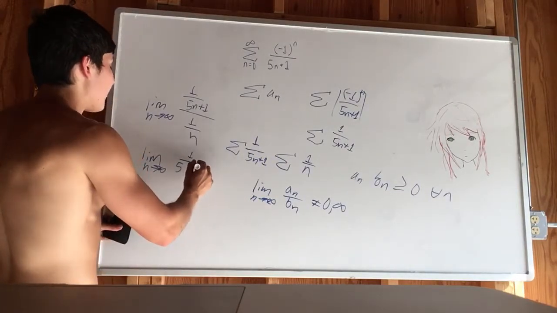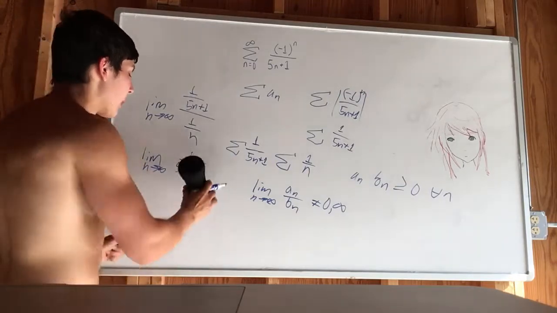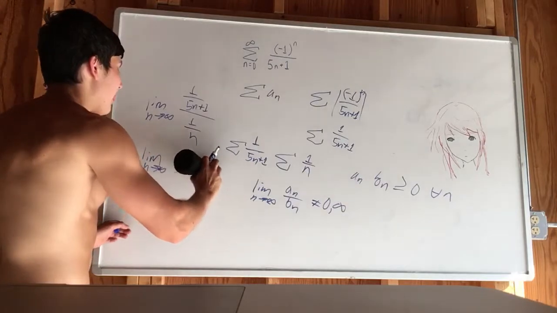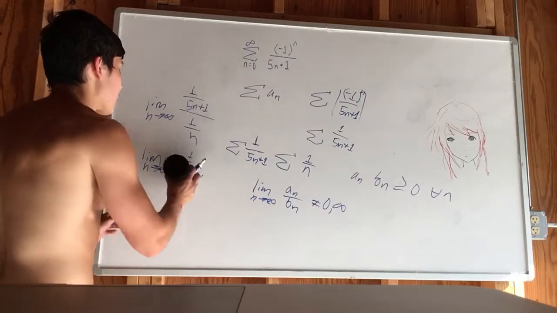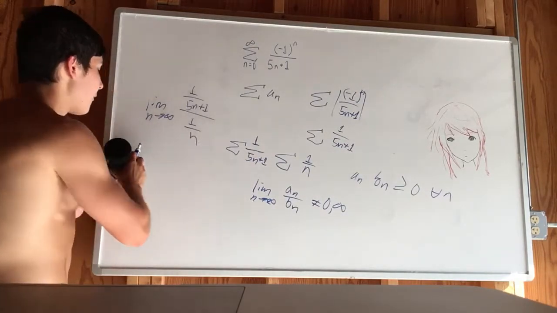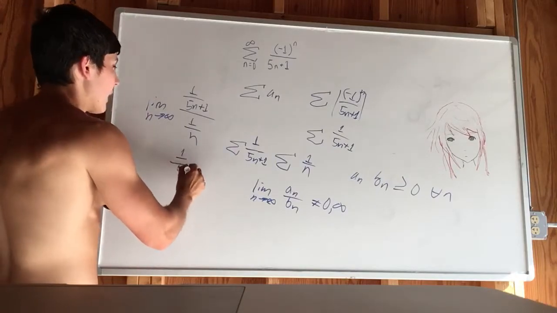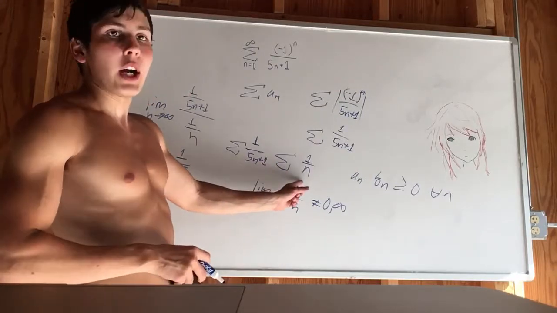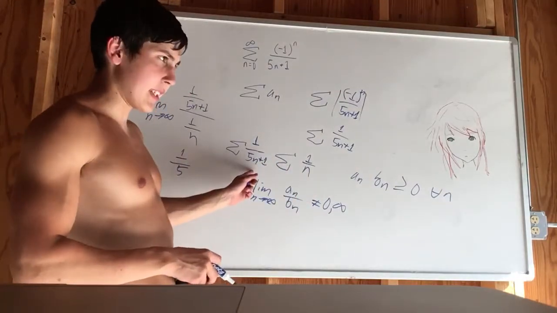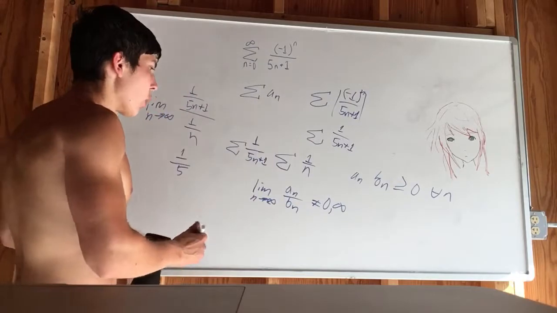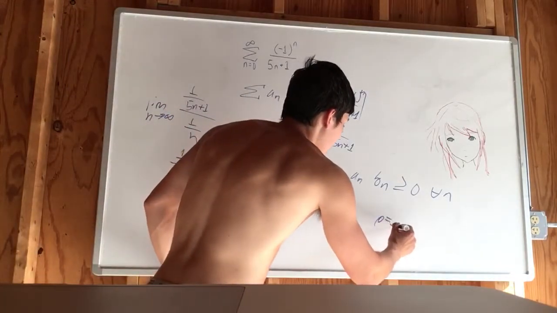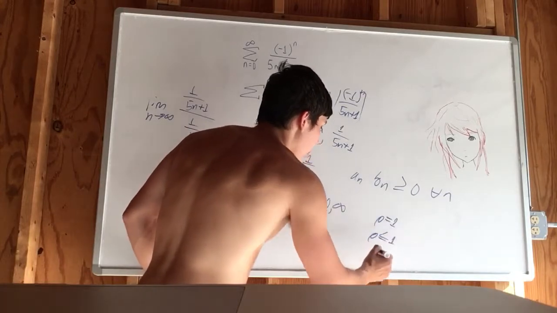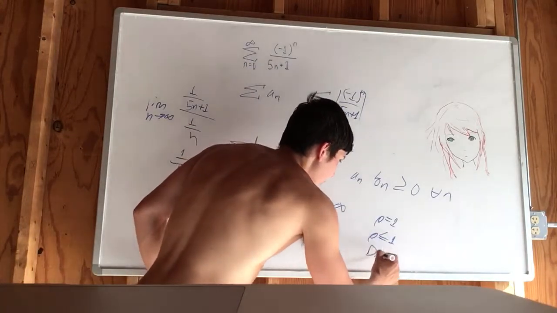Now we can plug infinity wherever we have an n. We only have it in one place, and this gives us 1/5 because 1 over n goes to 0. And 1/5 is obviously not 0 or infinity. So whatever happens to this one also happens to that one. What happens to this one? Well, p equals 1, and if p is less than or equal to 1, then it diverges.